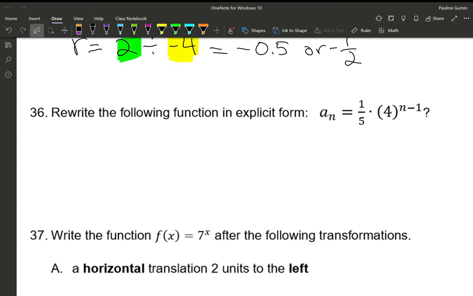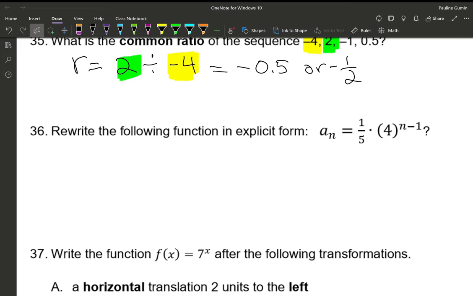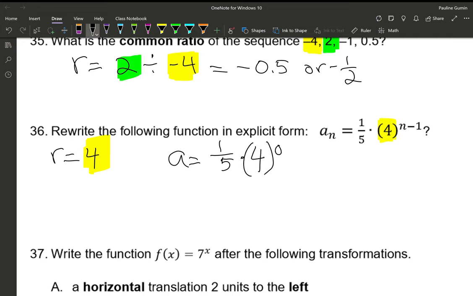36, write the following function in explicit form. Okay, so for explicit form, we need 2 things. We need R and we need A. So our R, our common ratio, happens right here. It's 4. Let's find A. In order to find A, we plug 0 into our exponent.